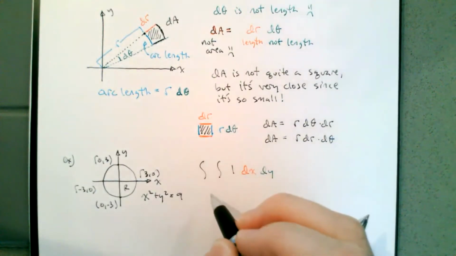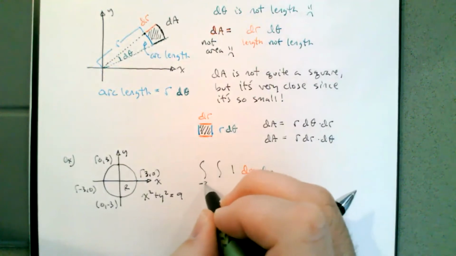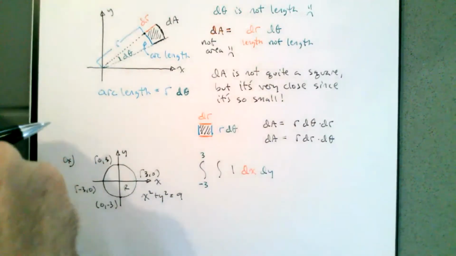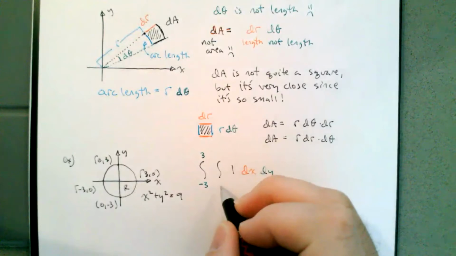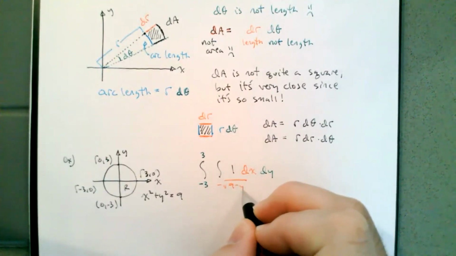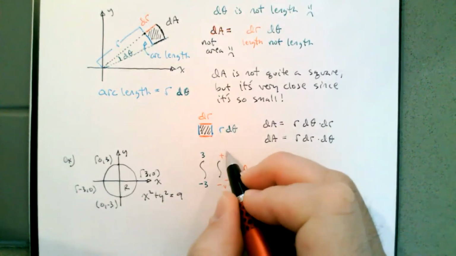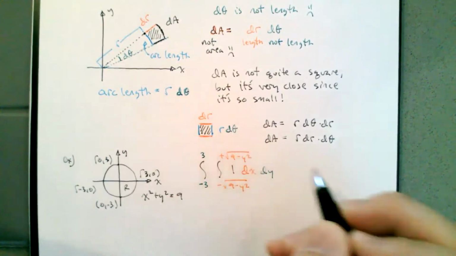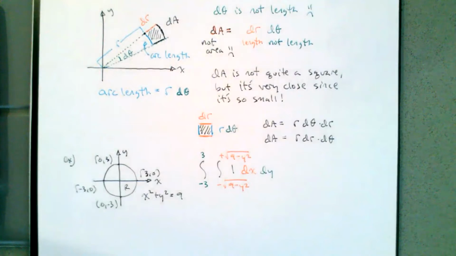So starting with the outer integral, the y values go from -3 to 3. And the x values go from negative square root of 9 minus y squared to positive square root of 9 minus y squared. So now we'll integrate this function with respect to x and then plug in the endpoints.